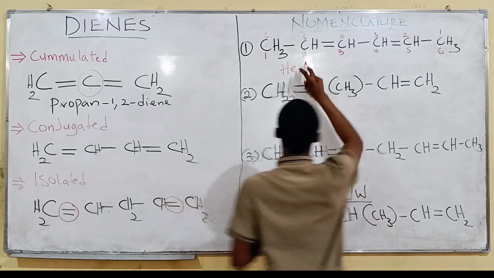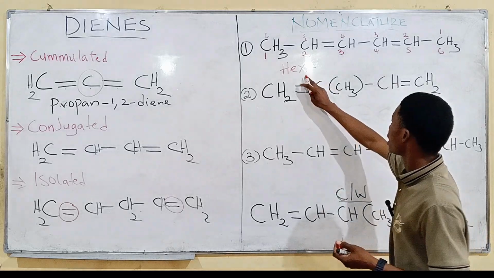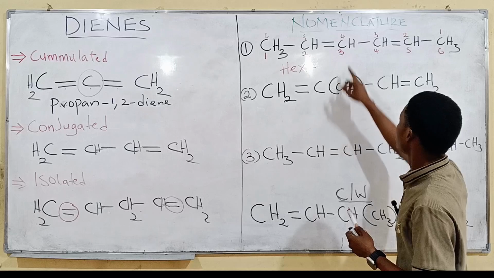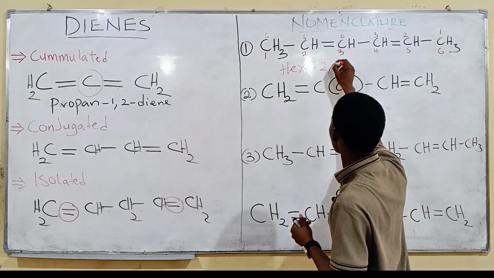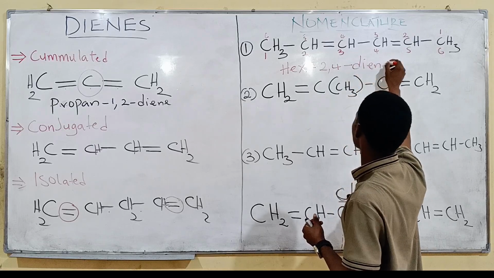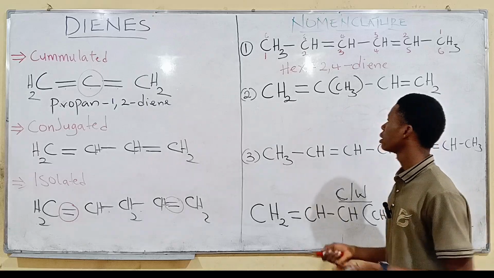You put a hyphen. We already know since there are 2 double bonds, it's a diene. Now hex, you put the position of the double bond first before you put diene. So 2, 4, so hex 2, 4, diene.